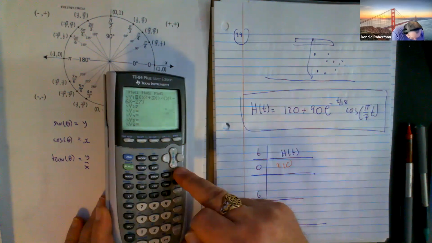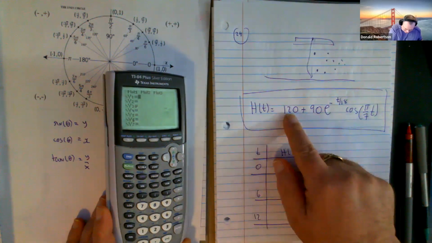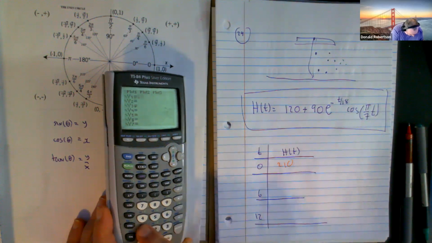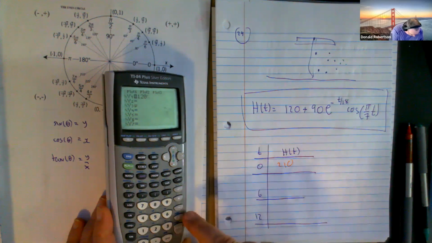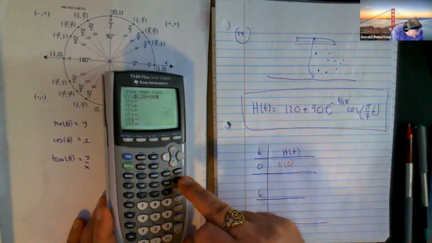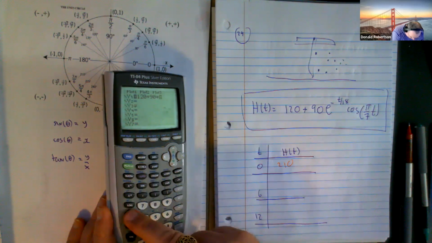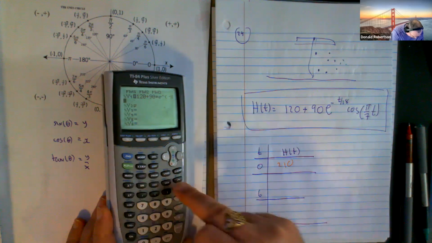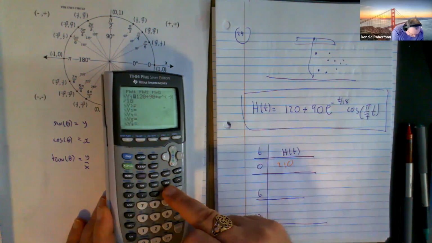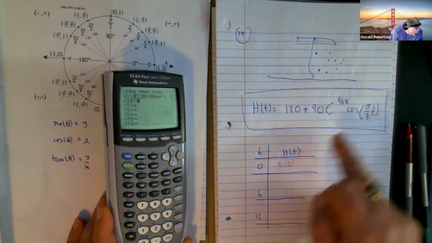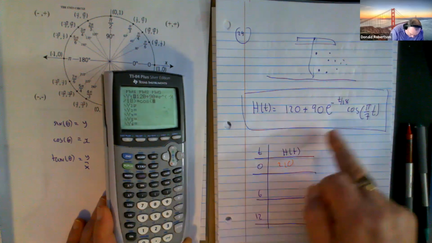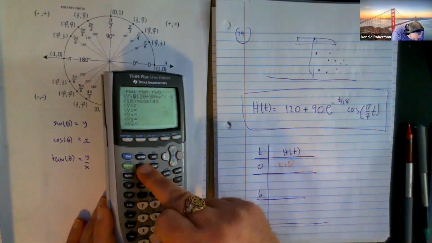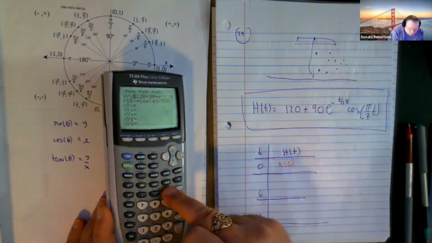Hit y equals on your calculator and type in that equation. The only thing is that the t's are going to be called x's. No big deal. 120 plus 90 times e to the power negative x divided by 18, close that one, finish with times cosine pi x divided by 7, close brackets.